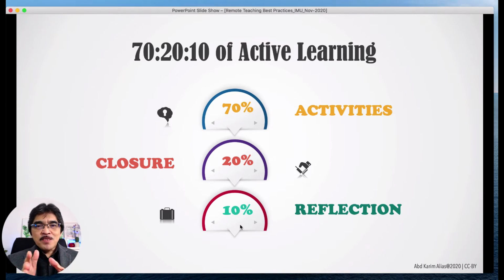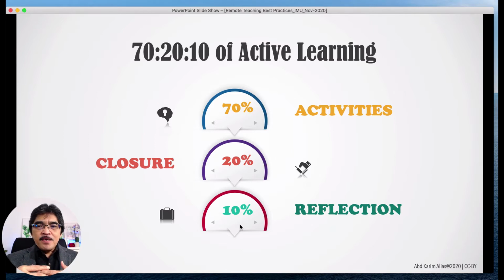Basically, 70% will be activities, and 20% of the time is the teaching part. The teacher can come in and do the debriefing or discussion, and perhaps even show a few slides, a normal so-called lecture, to put things together.